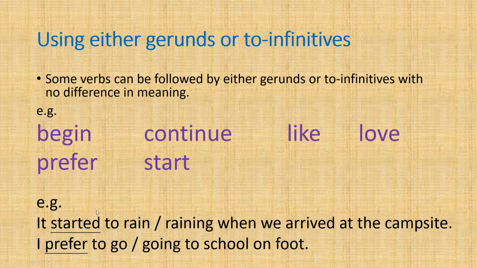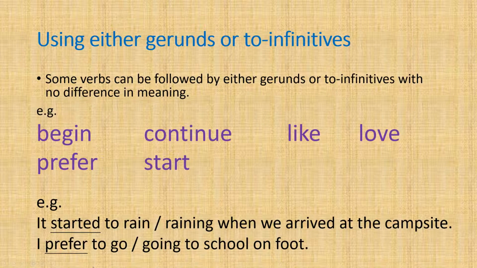Alright, so in this case, you see the main verb is start. After the verb start, you can use either to infinitives or gerunds with no difference in meaning. Alright, that means they share the same meaning.